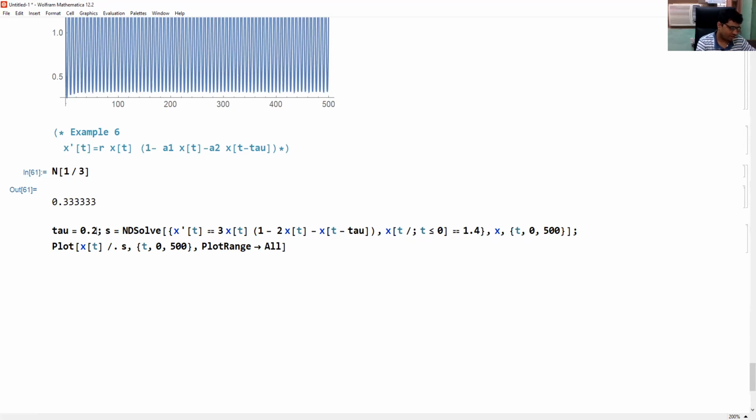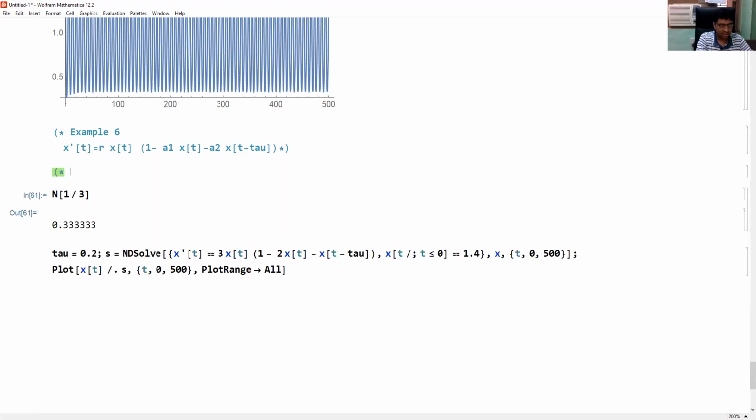Here, let me write case 1. I'm going to consider two cases. Case 1 is a1 equal to 2, a2 equal to 1.